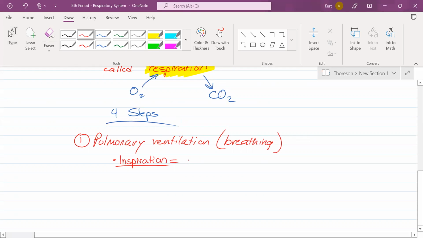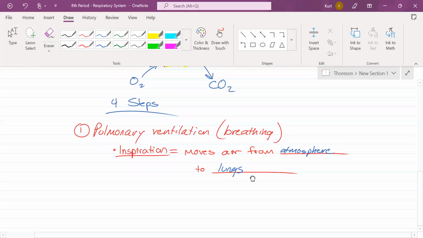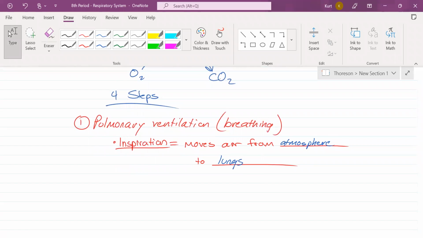Right. So inspiration, it moves air from blank to blank. Mackenzie, where's the air moving from? The atmosphere. And where's it taking the air to? The lungs.